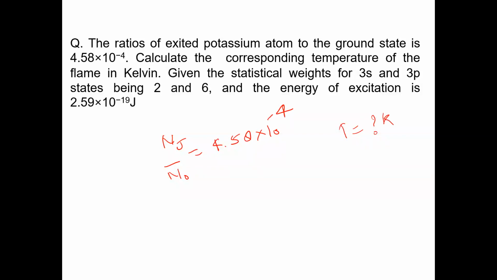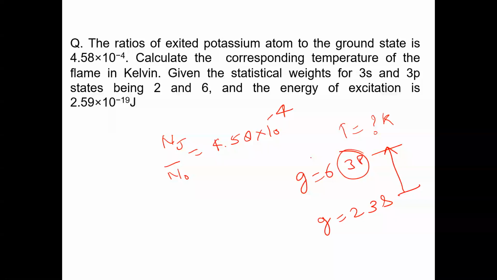The statistical weights for the 3s and 3p states are 2 and 6, right? So 3s is the ground state and 3p is the excited state. So Gj will be 6 and G0 will be 2.